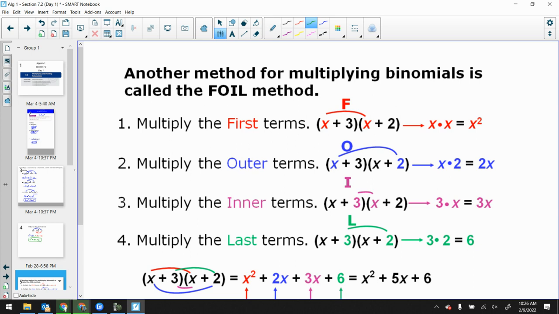My inner terms are just the inner pieces of each binomial. And my last terms are the last pieces of each binomial. So I'm doing the distributive property. I'm just reminding myself how to do it by remembering the word FOIL. First, outer, inner, last.